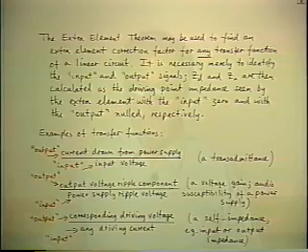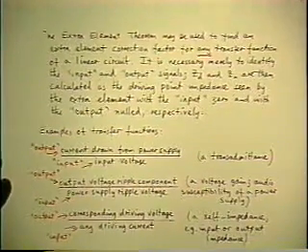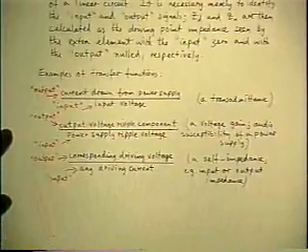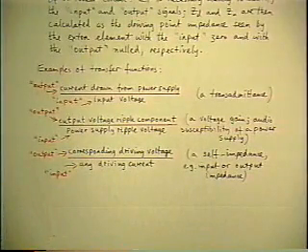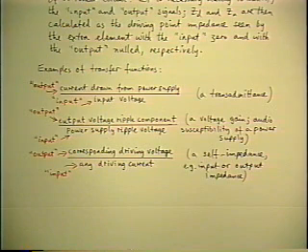And this is towards a generalization of what we mean by transfer functions. The gain is only one kind of transfer function. And I've written down here 2 or 3 other ones.